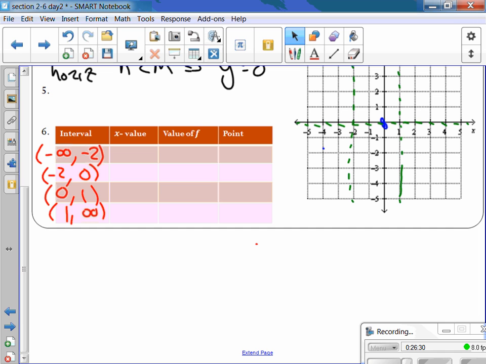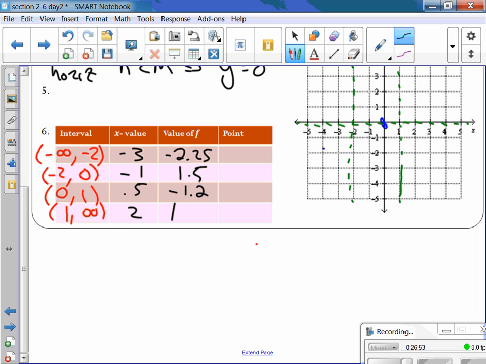All right. Works for me, especially those numbers I chose. And when you calculate them, this is what we come up with. The values of -2.25, 1.5, -1.2, and 1.5.